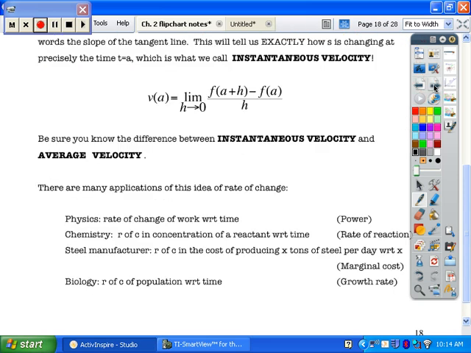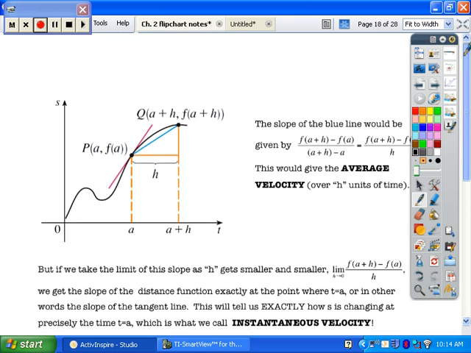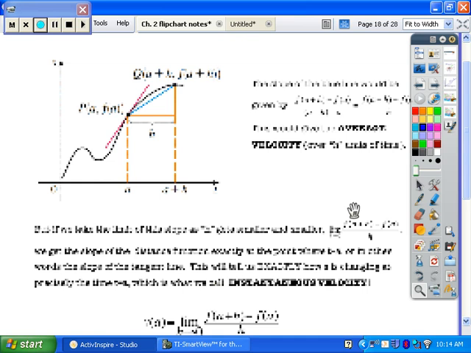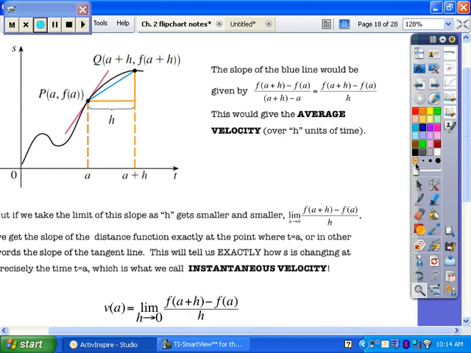This is reiterated on one of the last pages here. We have almost the same diagram that I had earlier, where we have the 2 points, (a, f(a)) and (a + h, f(a + h)). The slope of the blue line, and remember the blue line is our secant, is found by this equation right here.